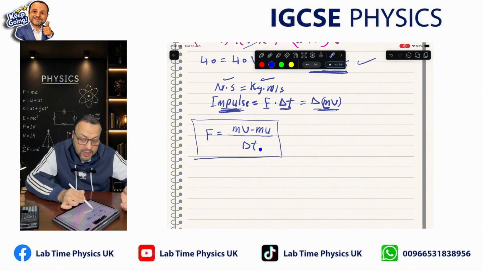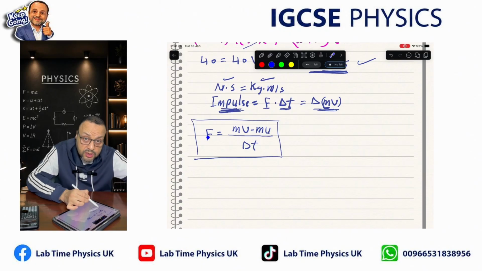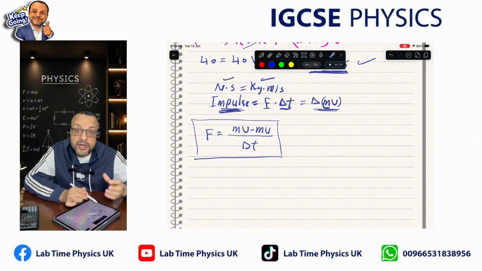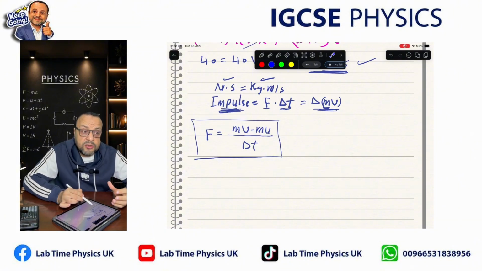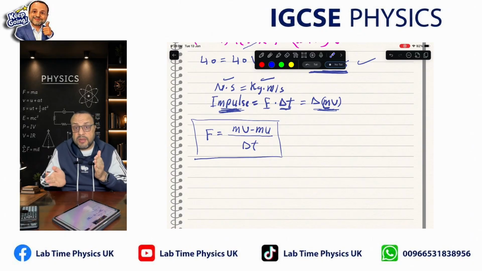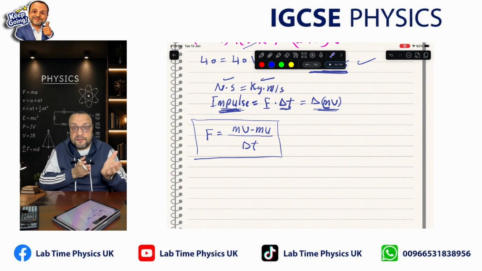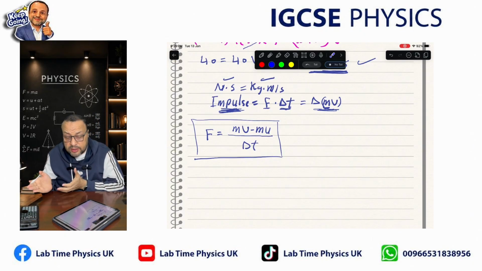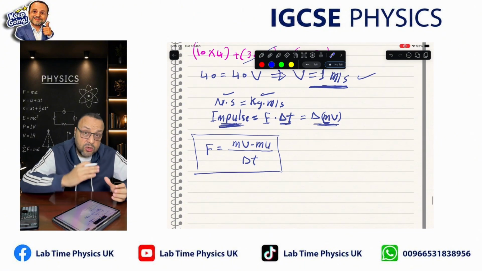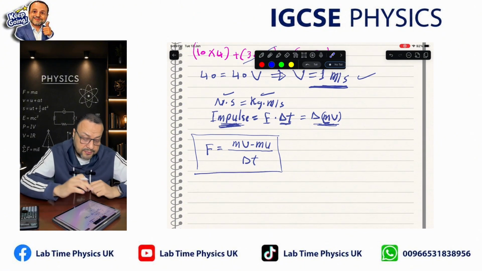This means that by increasing the time, the force will be reduced, or by decreasing the time, the force will be increased. This is very important. I can use it in car safety: the relation between time and force, which is inversely proportional. So this is the first part. I'll tell you many examples about that.